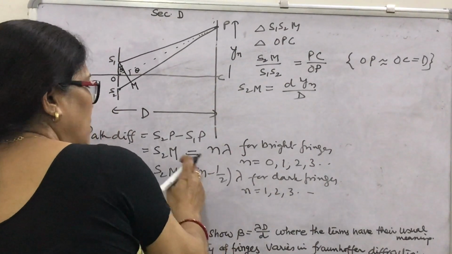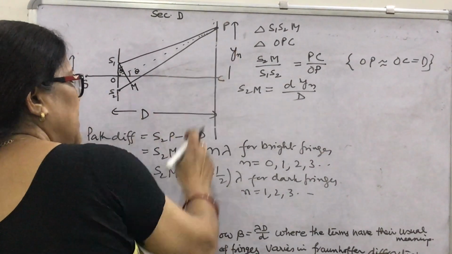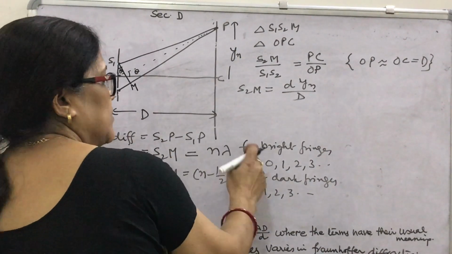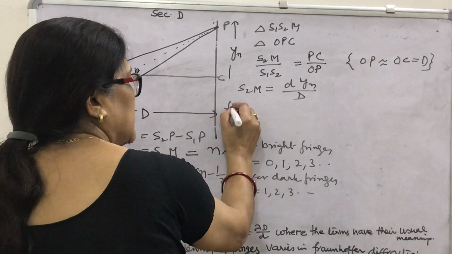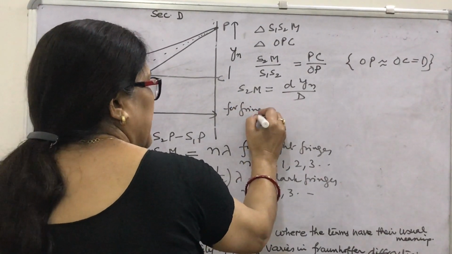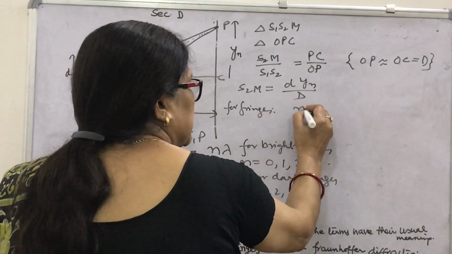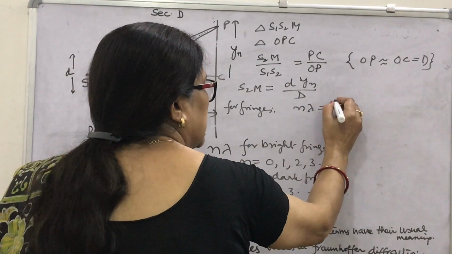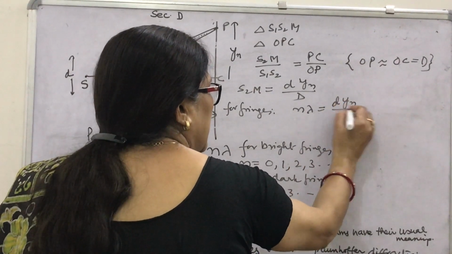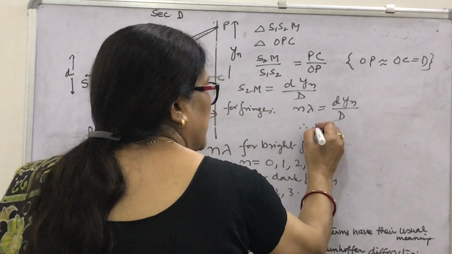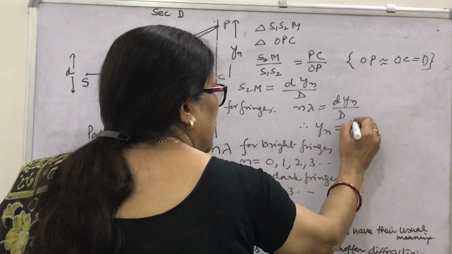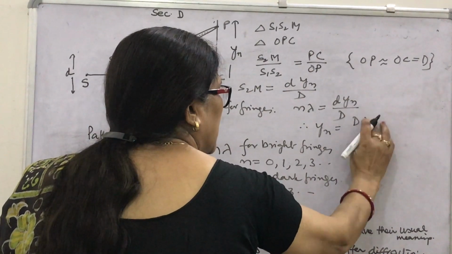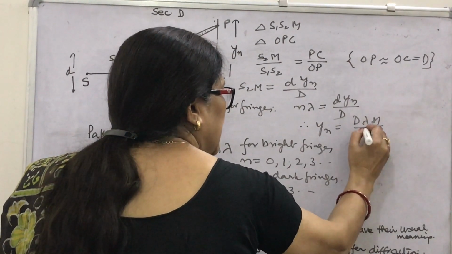Now let us suppose at point P a bright fringe is obtained. For bright fringes, let us suppose n lambda is d yn upon D, therefore yn will be D n lambda upon small d.